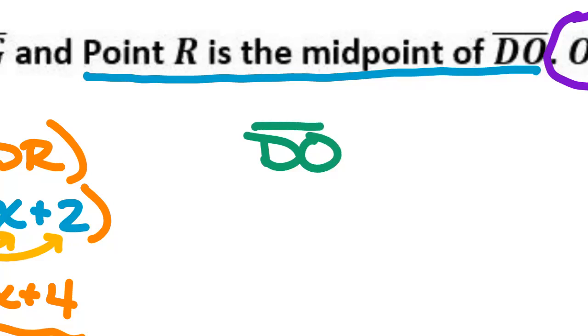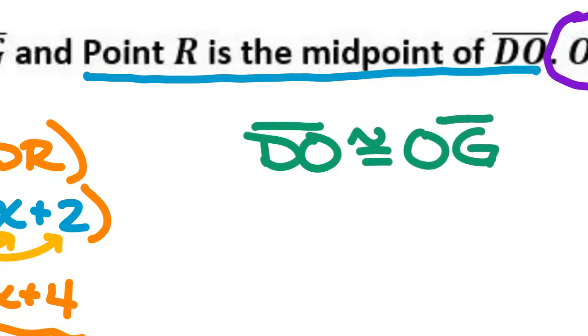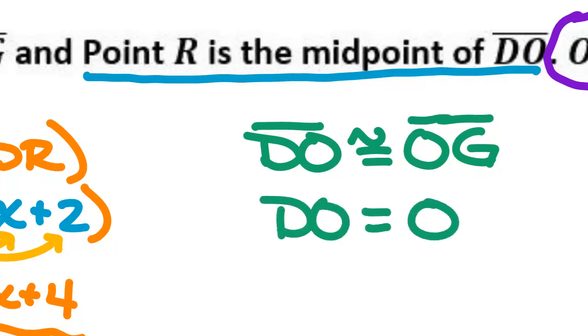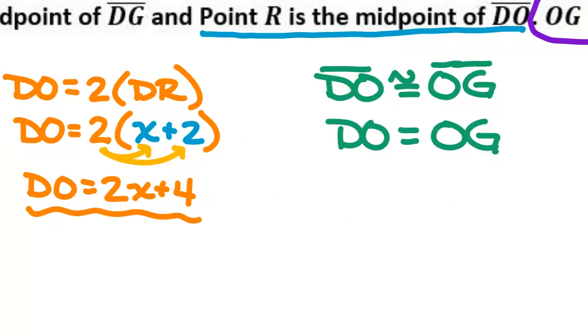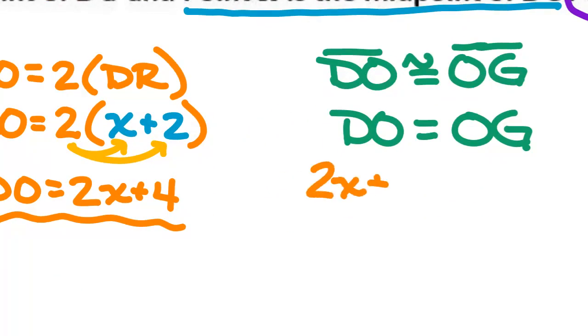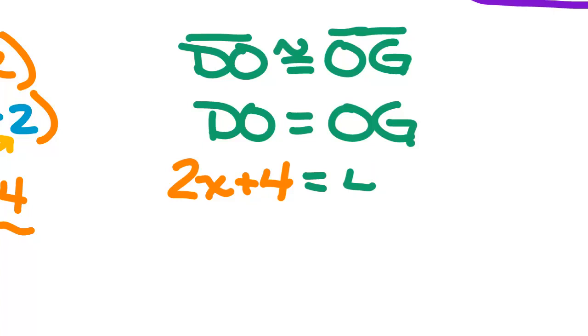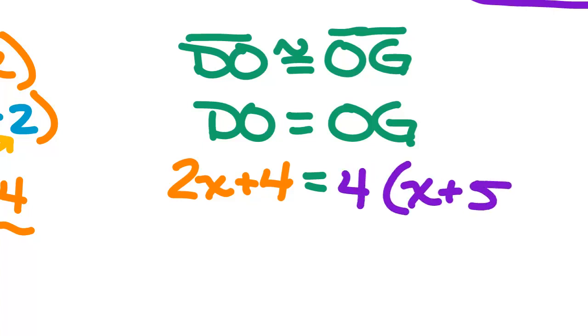Segment DO is congruent to segment OG, so the length of segment DO is equal to the length of segment OG. DO is 2x plus 4. OG is 4 times x minus 5. And now I have something that I can use to solve for x.